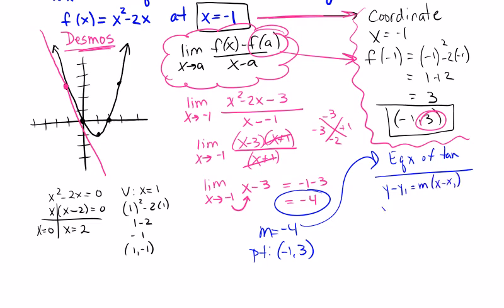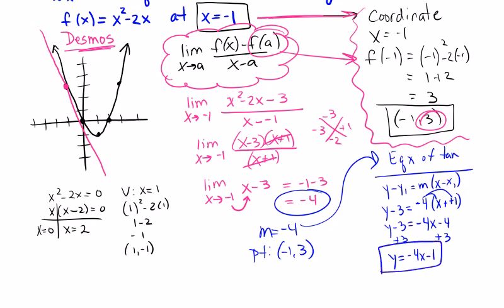That gives y minus 3 equals, our slope is -4, times x minus -1. So y minus 3 equals, the two negatives become a positive, and we distribute: -4x minus 4. Then we add the 3 to the other side, and we get y equals -4x minus 1 as the equation of our tangent line.